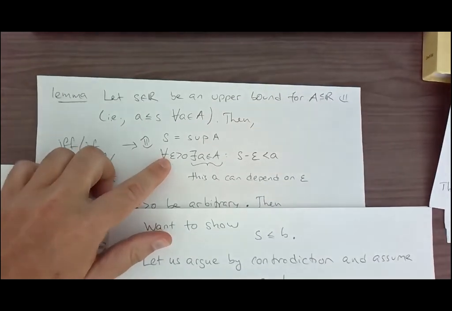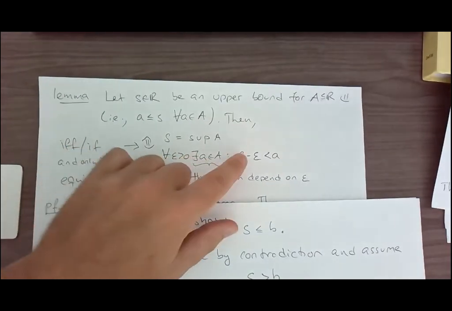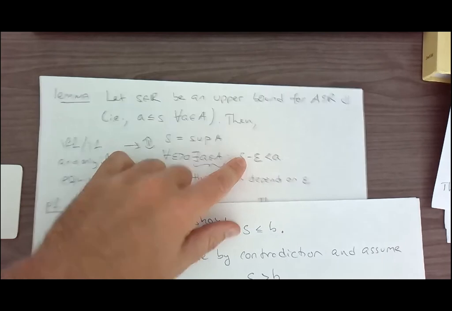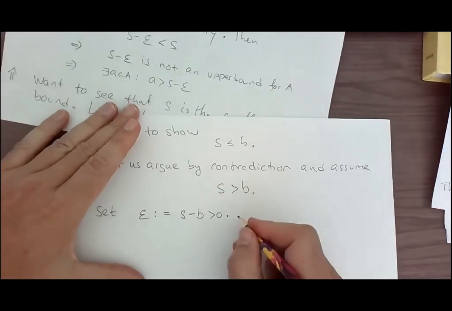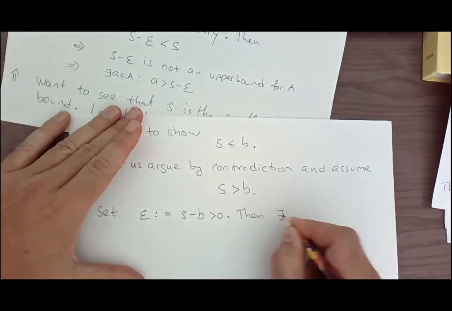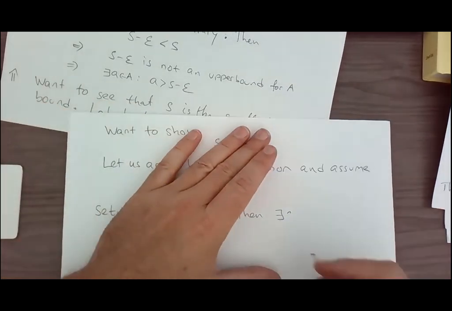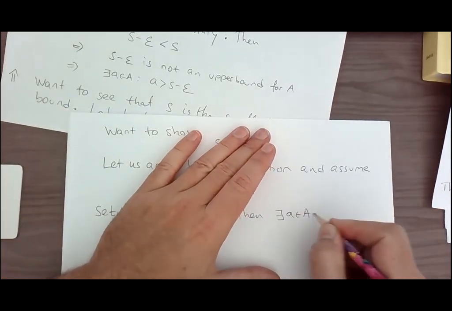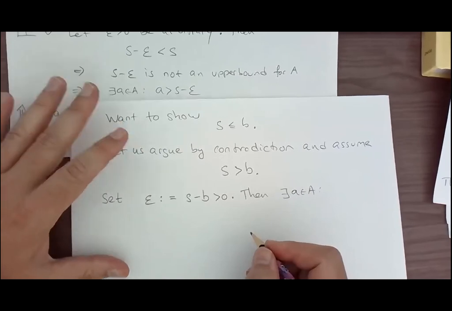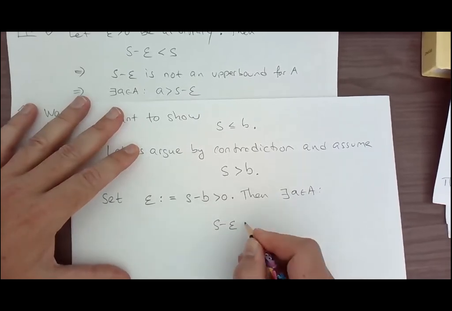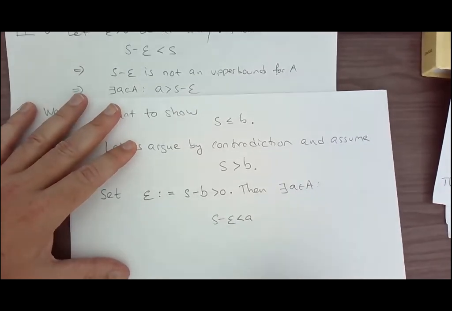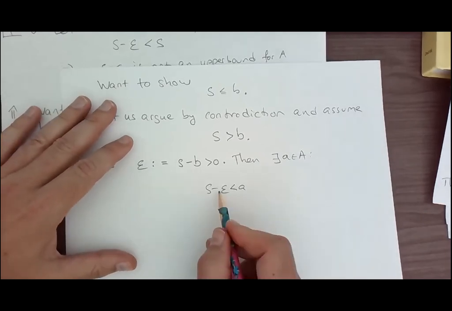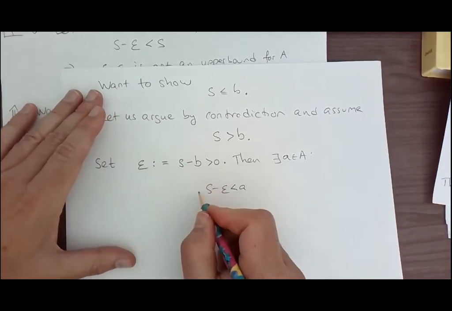Then I go up, I'm proving the up direction here. For any epsilon, and I have one now, I can find an A such that this is true. Then there exists an A such that S minus epsilon is less than A. But I know what the left-hand side is because I have a definition of epsilon.